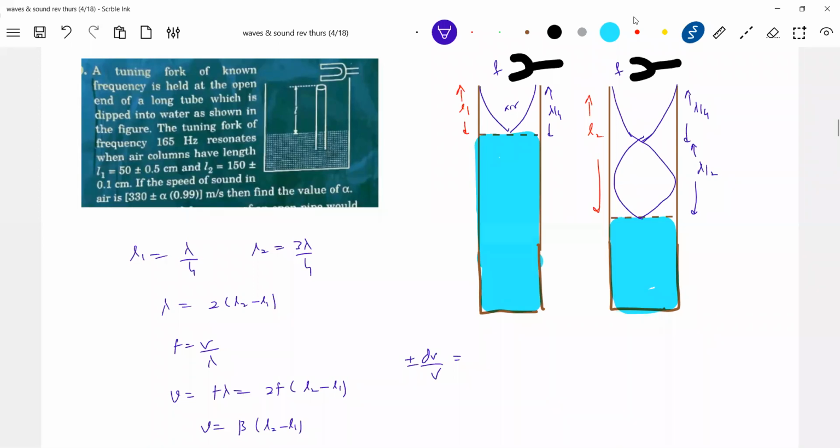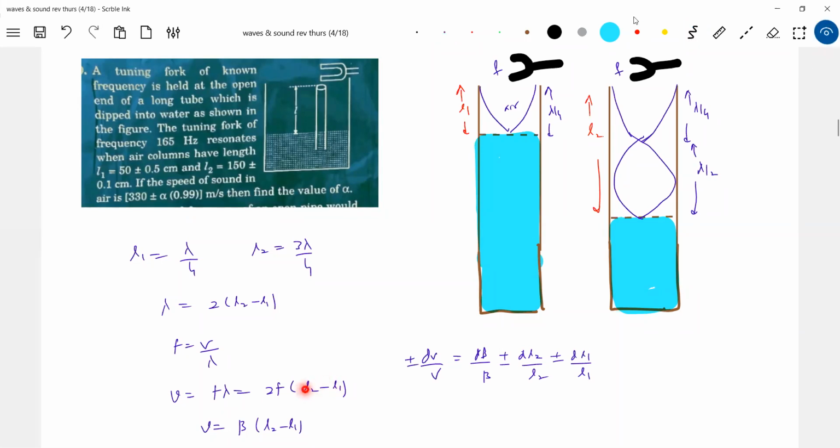Is it correct? I think go back to the errors.